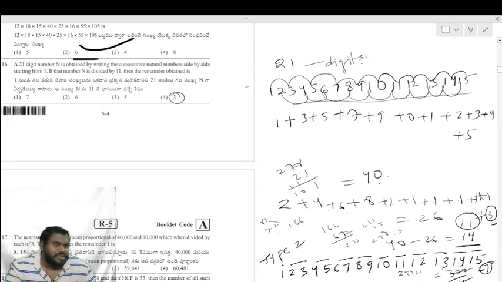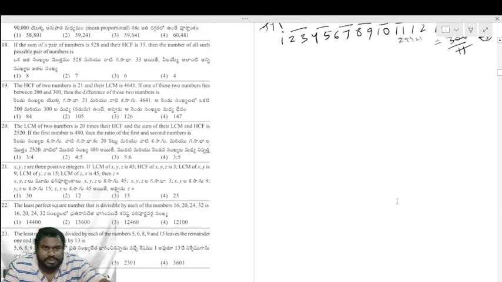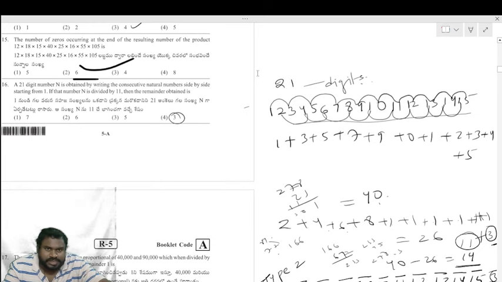So 3 will be the remainder. Again 3 will be the remainder. So in both the ways you can do it. Either you can do it as the first method, or else you can do it as the second method. You will get the same answer. What is the answer? The remainder is 3.